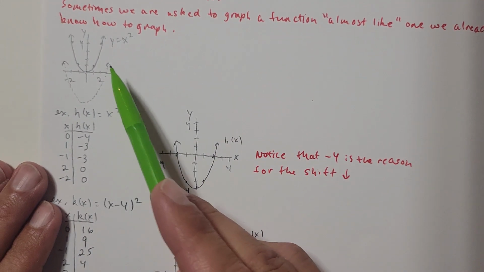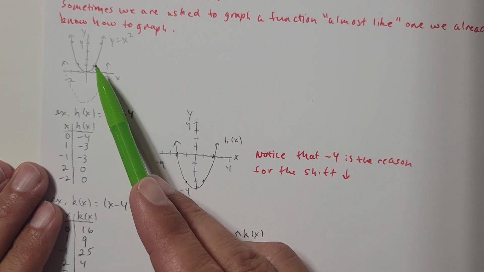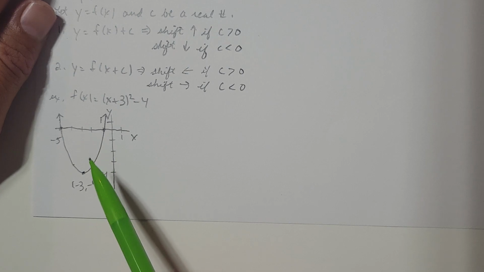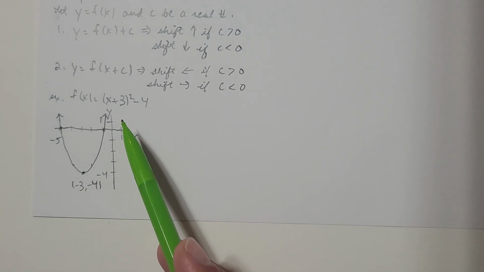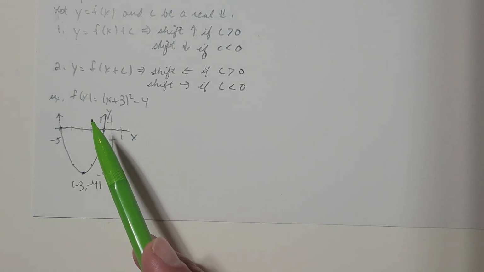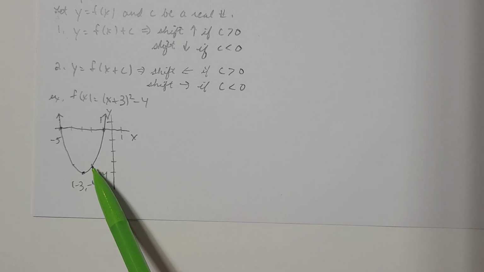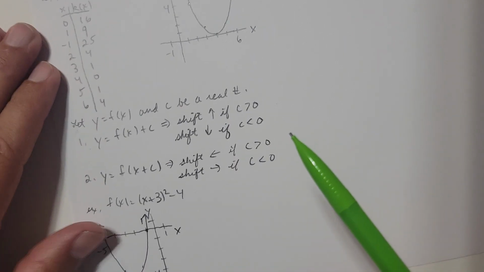And then here's 1, 1. If I'm going to the left 3 and then down 4, 1, 1 is going to be at -2, -3. There's that point.